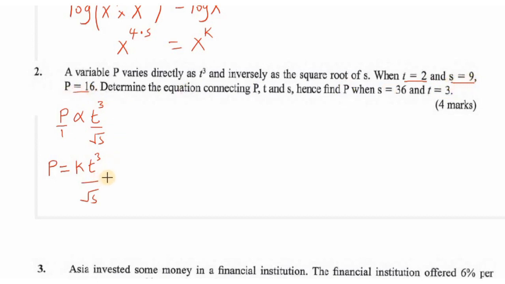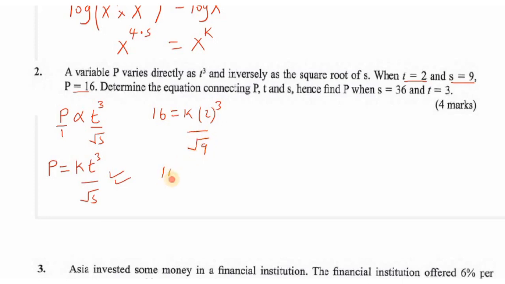So we will substitute those values in this equation here so that we have p is 16, which is equal to k times t cubed, but t is 2 cubed over the square root of s, that is equal to 9.